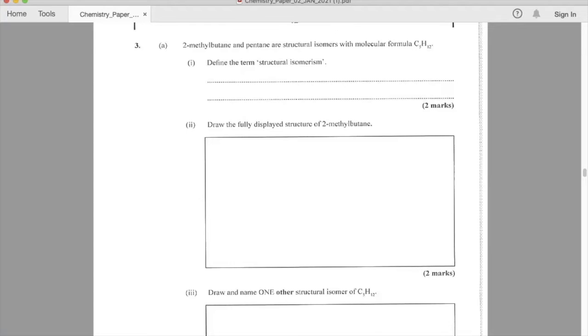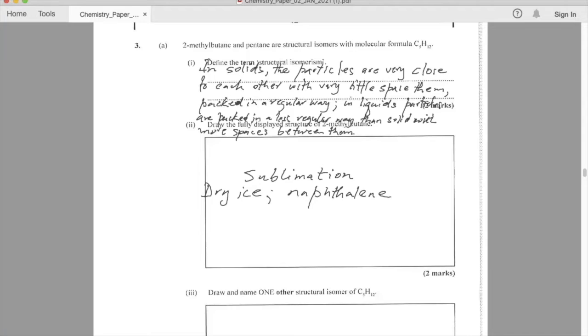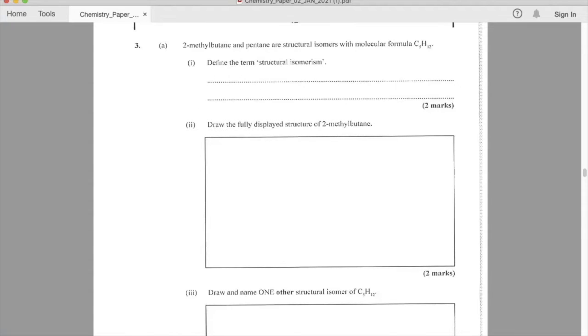So whenever we're asked to define terms and we see ism at the end, we could start by saying the existence.